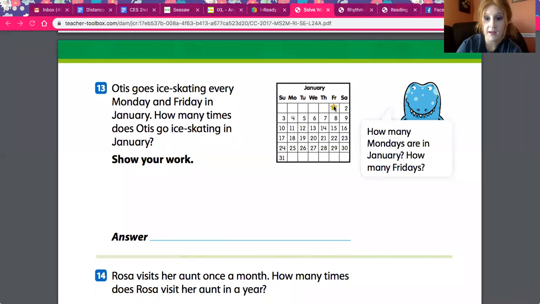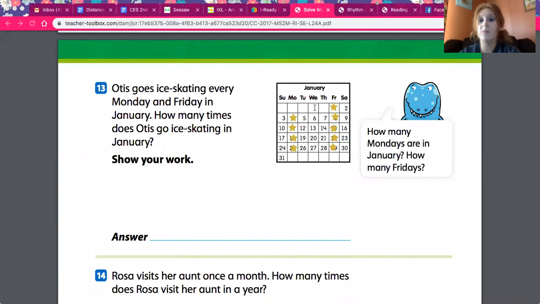So there's a Friday. There's a Monday. There's a Friday. A Monday. A Friday. Monday. Friday. Monday. Friday. And do I have any more in January? No, that's all. So how many times does Otis go ice skating in January?